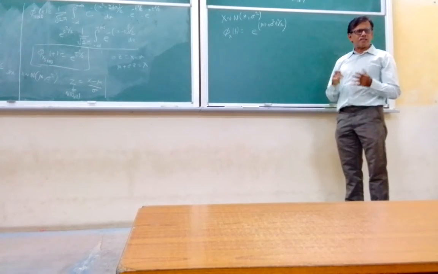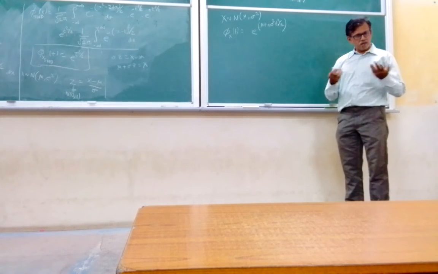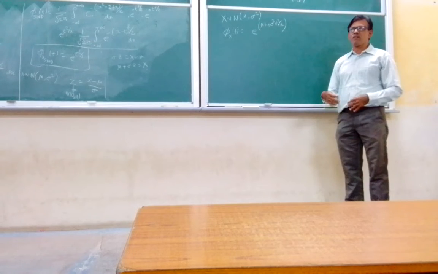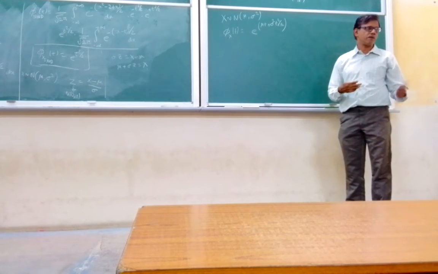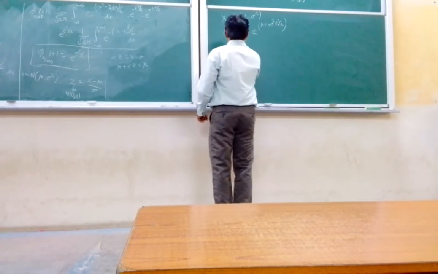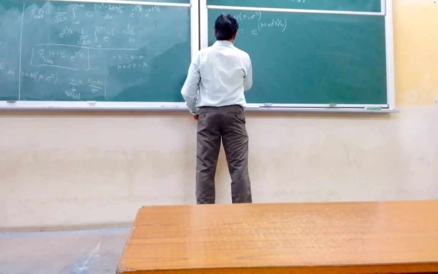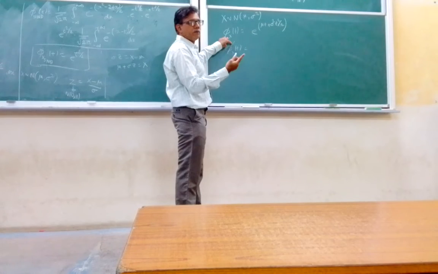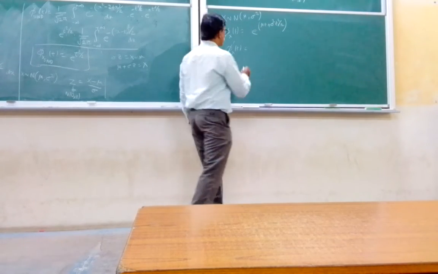To cross check whether this is the MGF, the acid test is to get the moments back and convince ourselves these are the moments which we are expecting. So psi dash x of t, you differentiate once with respect to t, this function.